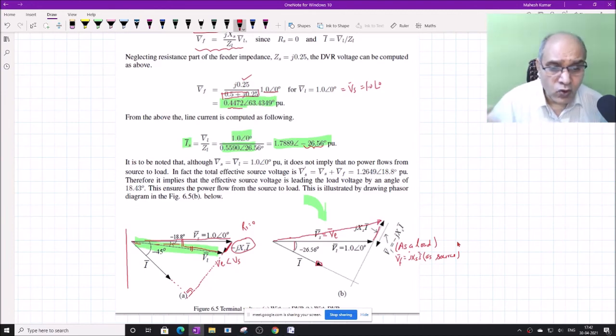if there was no compensation and I expect the value of Bs, then Bs would have been this value, this voltage. Just I have drawn it, this one. But since Bs is same as Bl, therefore I have to bring it down.